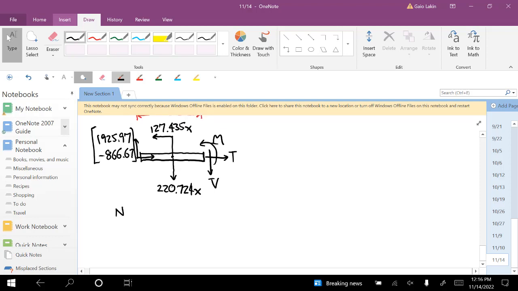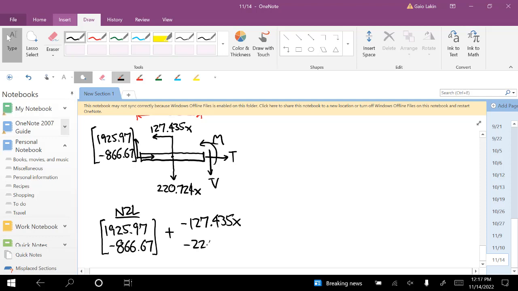And so Newton's second law says 1925.97, negative 866.67, plus, I'll combine these into one vector. The x component is negative 127.435x. The y component is negative 220.724x. And then you have T, negative V, and that's equal to zeros.